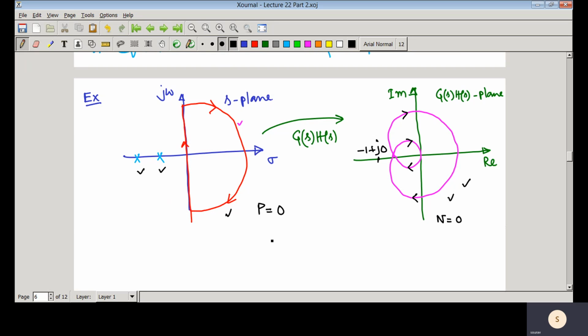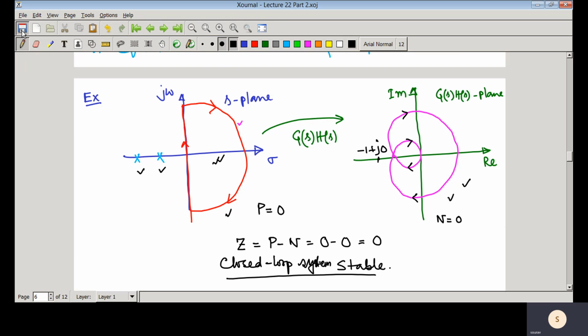So then what is Z? According to that Nyquist stability criteria, Z equal to P minus N, that is 0 minus 0, so that is equal to 0. So that means in this particular region there is no closed loop poles, so the closed loop system would be stable.